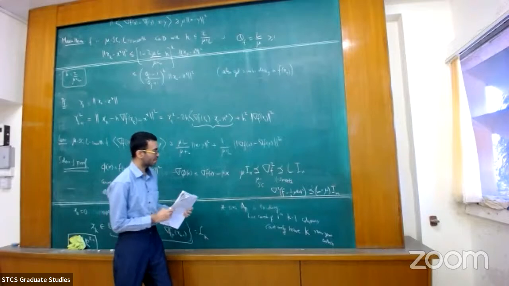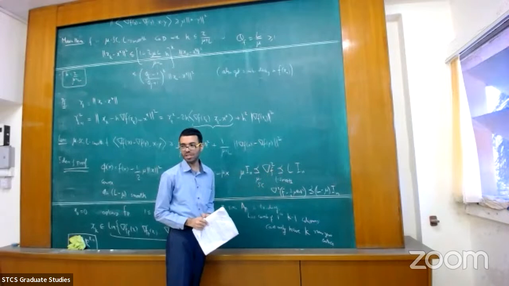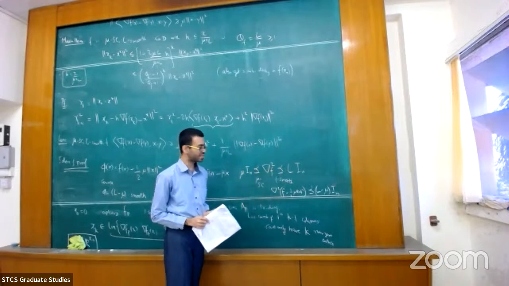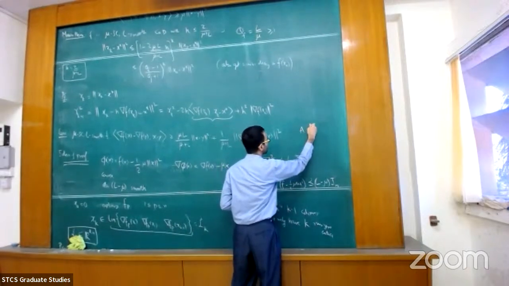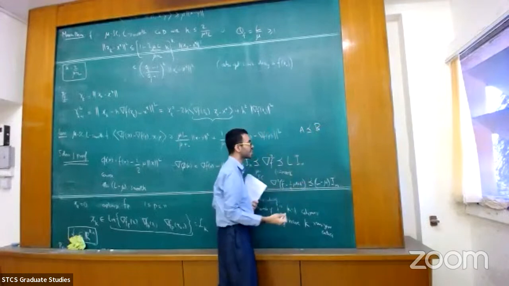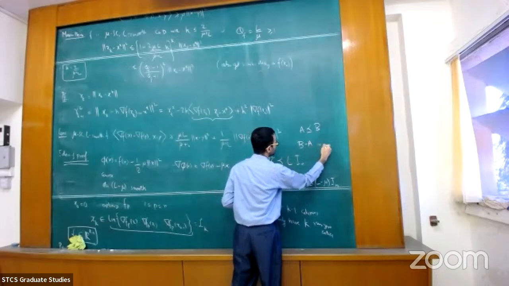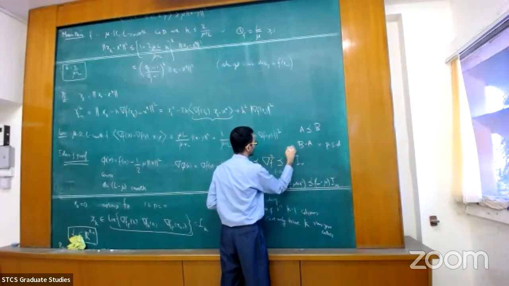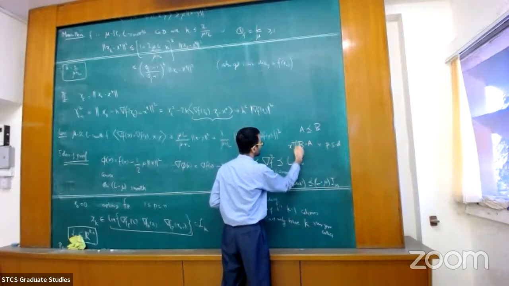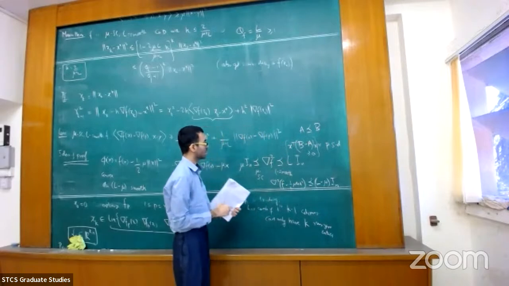By the way, as you can see, the PSD ordering is very useful. Let me define it quickly for now. A PSD order at most B just means that B minus A is PSD, which means that x transpose times it times x is always non-negative.